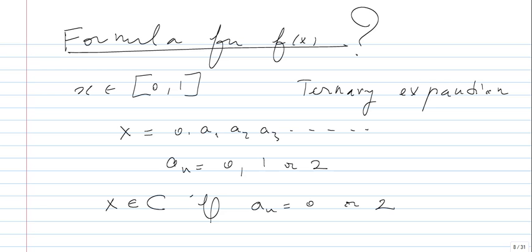Okay? So in any case, how do we define now f of x? This is how you do it. So f of x, what you do, you have x, you go and you look at the an in the ternary expansion of x, and say you have the first one that's equal to 1. Assume that you have a 1.